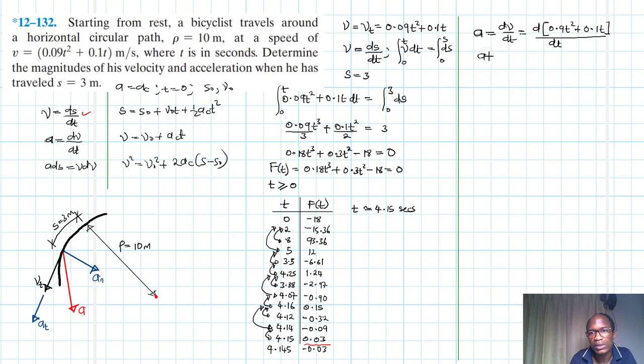So if we work this, it just gives us 0.18 t plus 0.1.